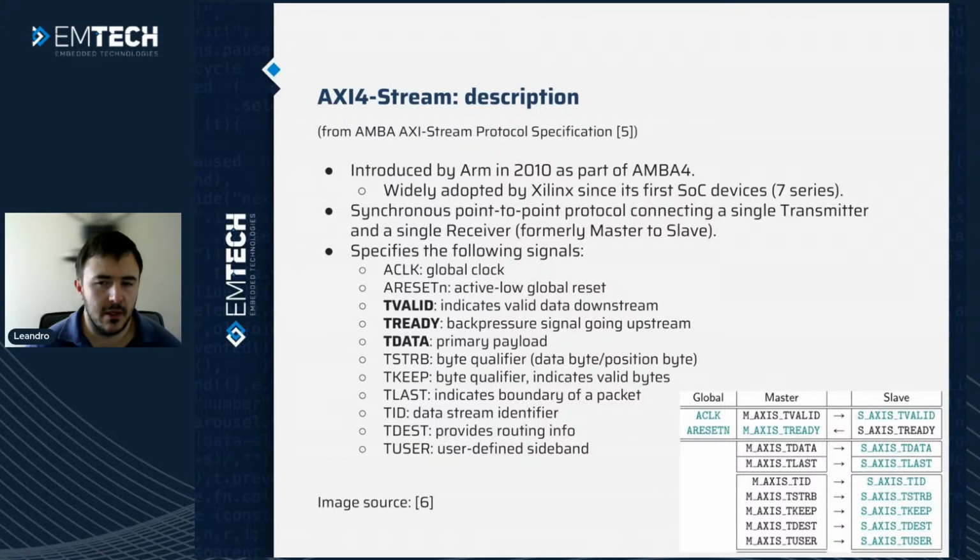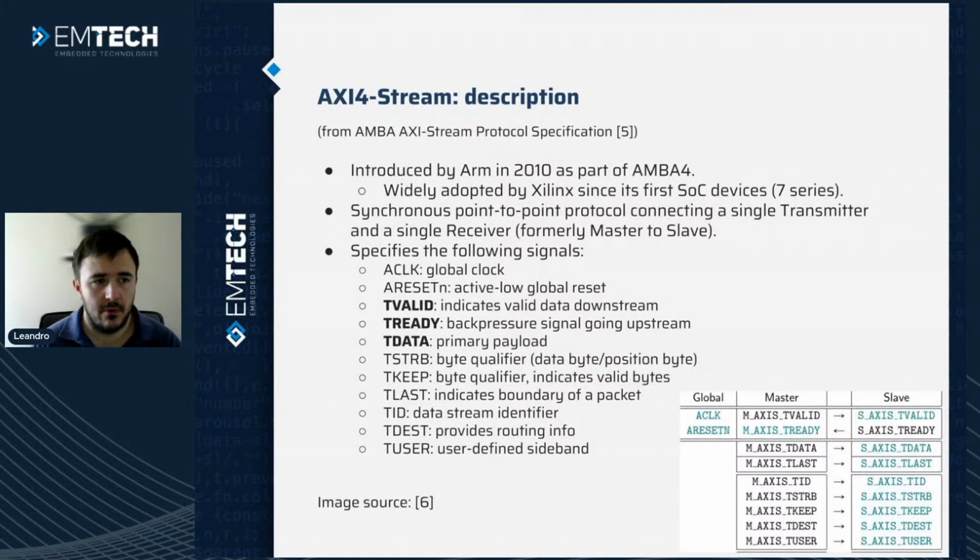AMBA4 is probably the main bus chosen by Xilinx to implement their block designs in the FPGAs, but mainly also for the connection to the hard processors, because the connections to the PS have a lot of hardened buses. They are all different flavors of AXI going in different directions.